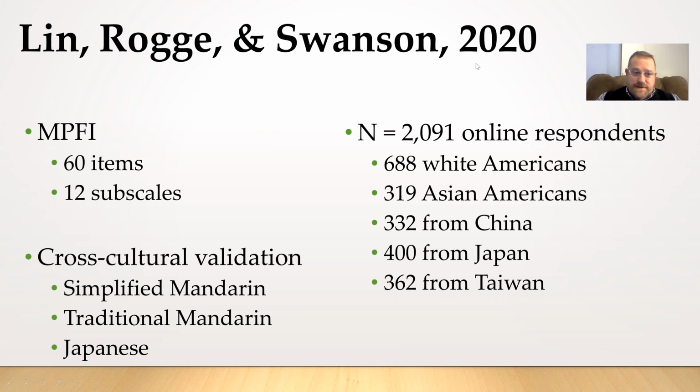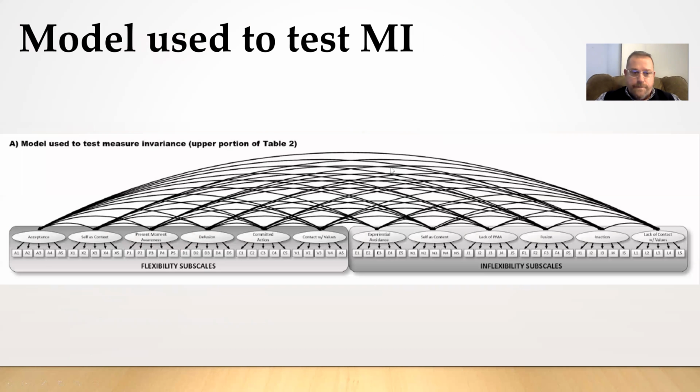And one of the things we did to validate that scale was to test the measurement invariance of the MPFI across these 5 cultural groups. This was the model. I didn't put the item text in because you wouldn't be able to read it anyway. But it's 12 correlated factors with 5 items on each factor.